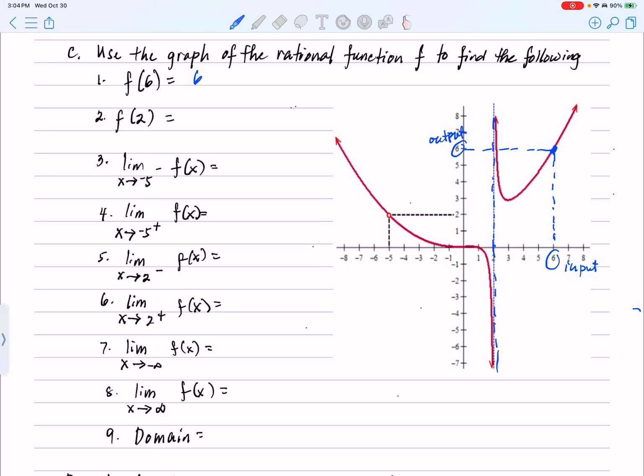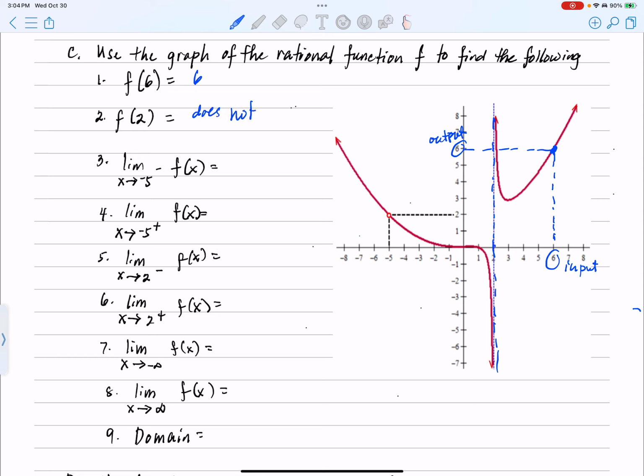Right? At 2. So, what is our vertical asymptote here? We don't get any information so long as we know that it's a vertical asymptote. So that means it does not exist.